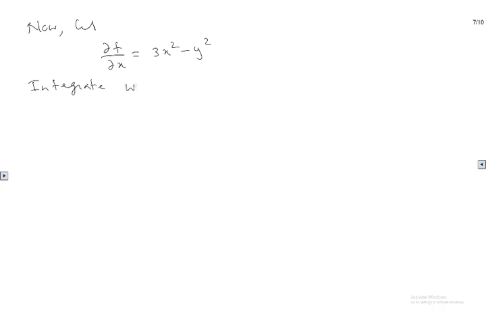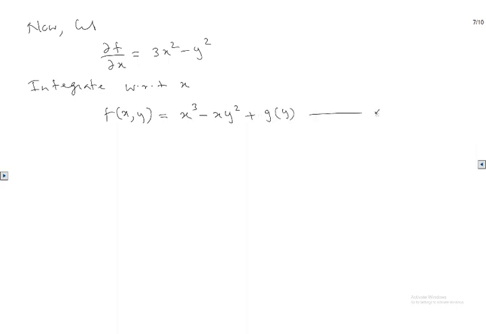If you do that, you're going to get the function f(x,y) equal to the integral with respect to x. So this x³ minus, y is a constant, so xy² plus the unknown function g(y).